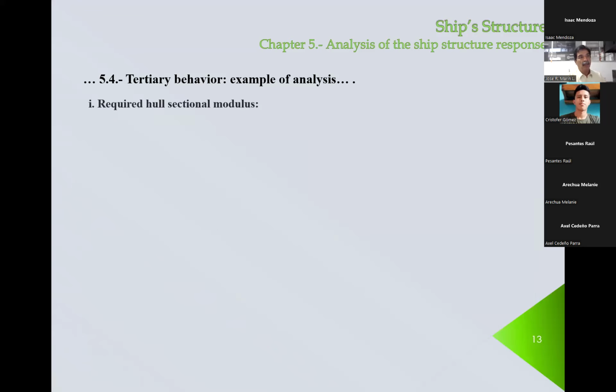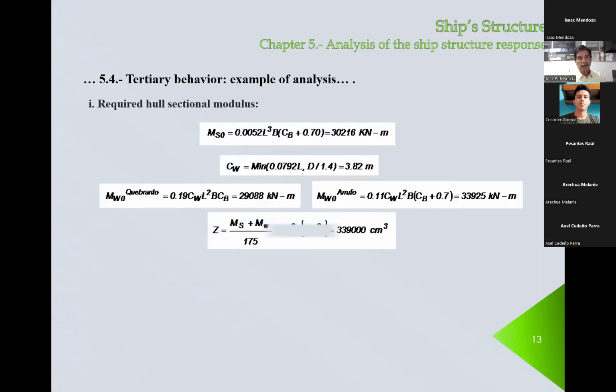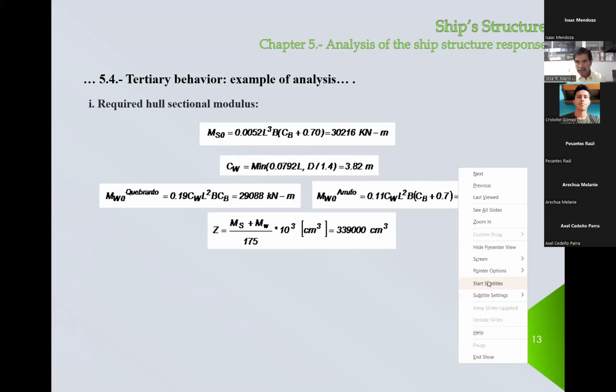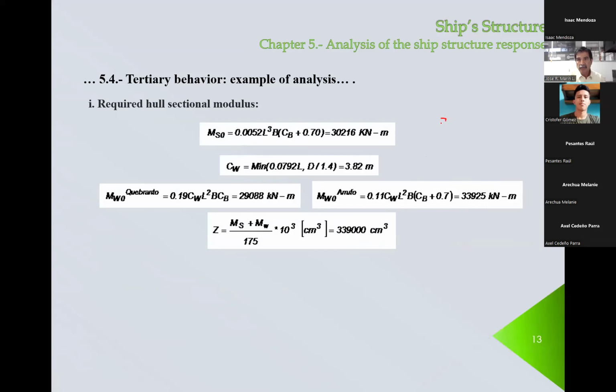So this is the calculation of the required section moduli. In this case, we calculate the bending moment in still water. That's the first thing that we do. And we remember that the distribution assumed by the classification society is about this, more or less.